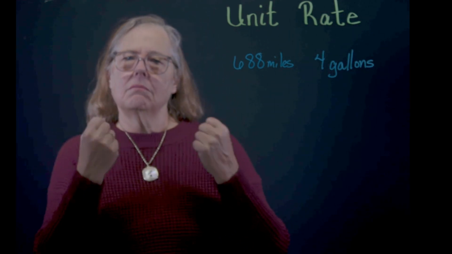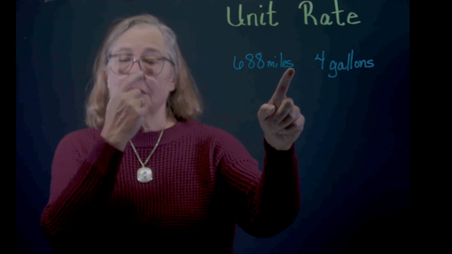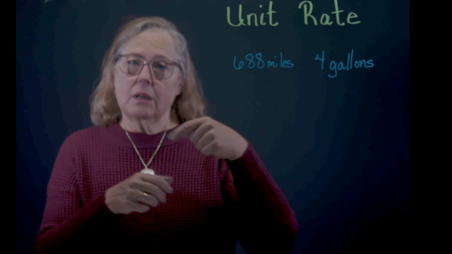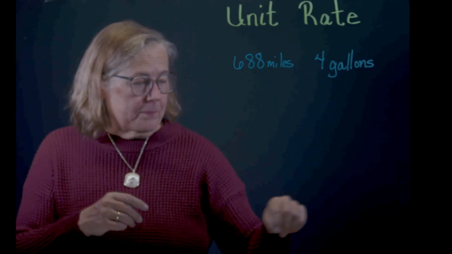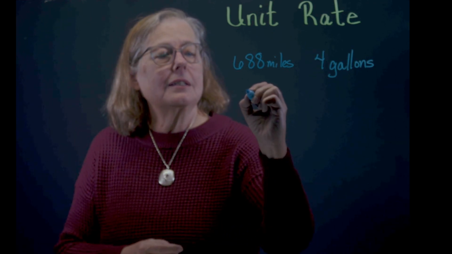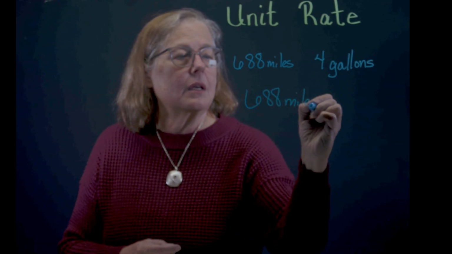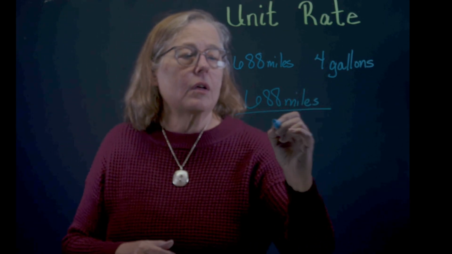All right, for example, do you remember I told you about my car, right? How far did I go? I went 688 miles, and how much gas I used was 4 gallons. So on the bottom, I'm going to put 4 gallons.